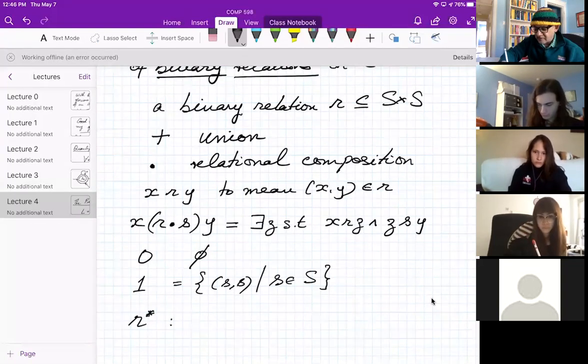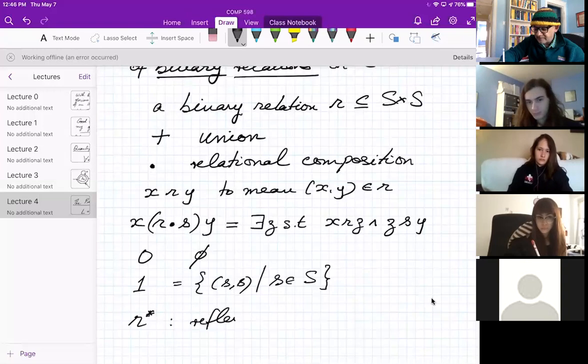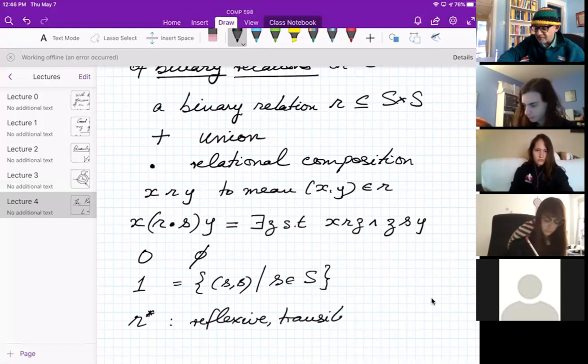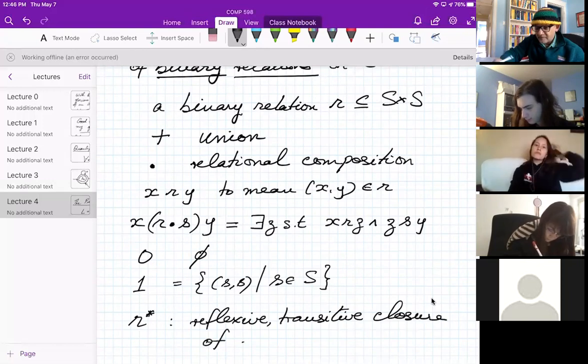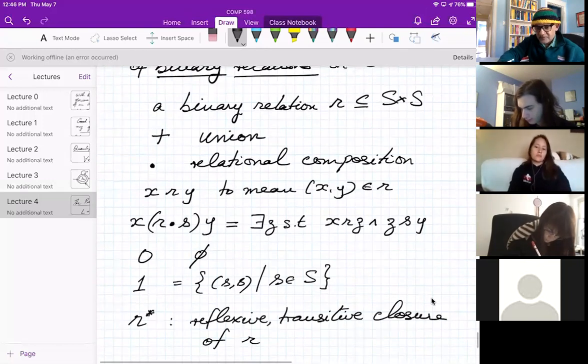So R star is the reflexive transitive closure of R. And what does that mean?